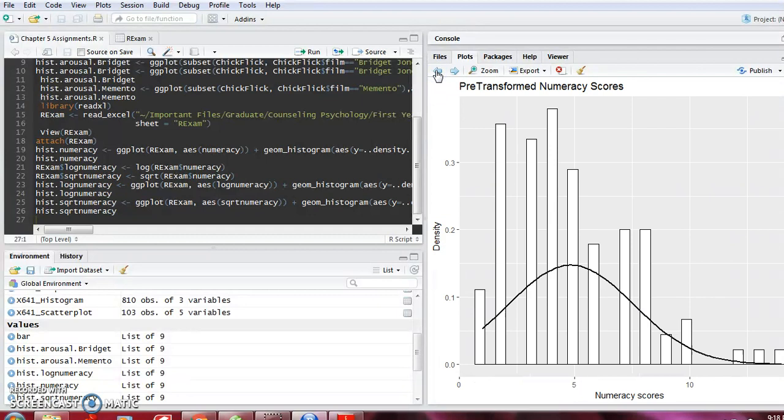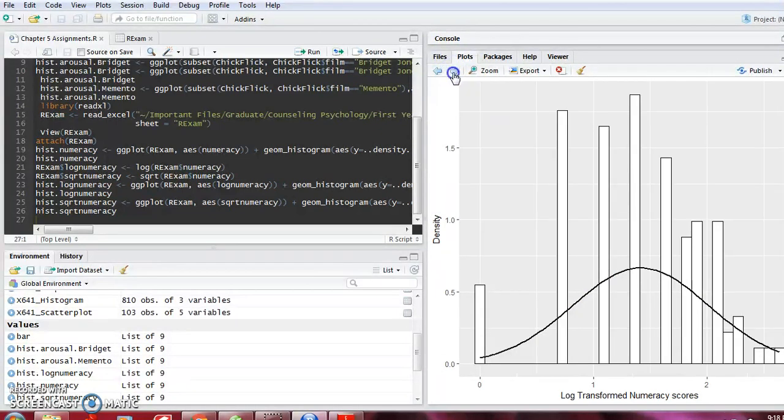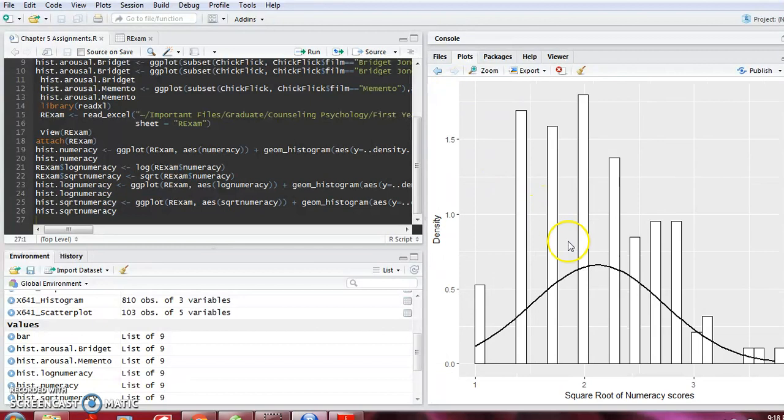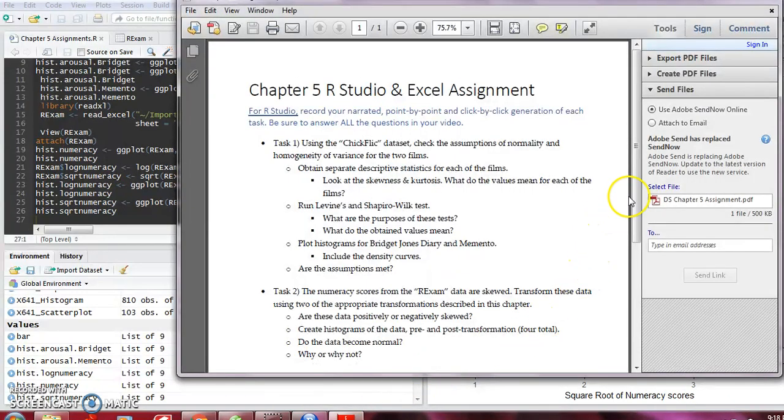Here you go. So this is the pre-transformed numeracy scores. Once again, that positive skew. So what we notice here is that it essentially corrected that positive skew, and it pushed the data towards the center.